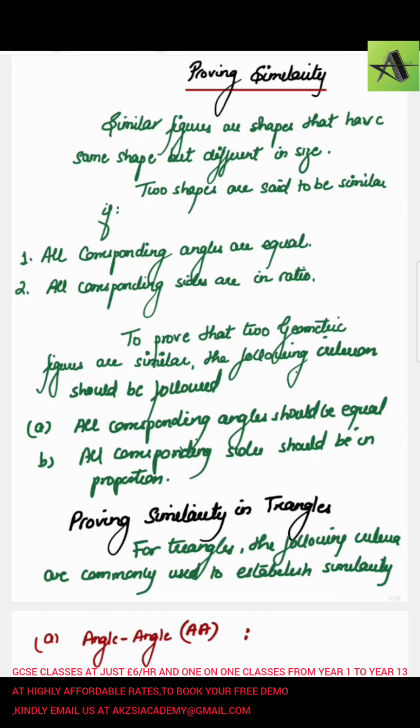And the second is that all the corresponding sides should be in ratio, and that ratio should be a constant ratio. I have given it the name length scale factor, which means if there are two figures and one side of one figure is twice the other side, then every side of the same figure will be 2 times that of the other figure.